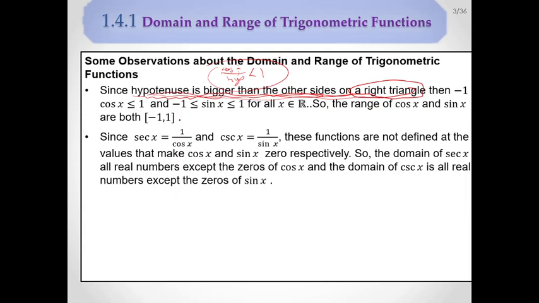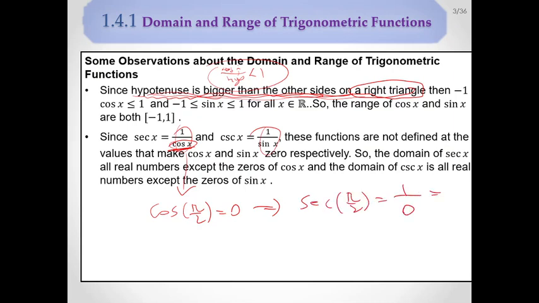Now, how about secant x and cosecant x? They're reciprocals, and what can you say about their domains? Obviously, it doesn't accept any x value making the denominator 0. So, for example, cosine of pi over 2, which is 90 degrees, is 0. So, secant of pi over 2 is 1 over 0 then. So, it's undefined.